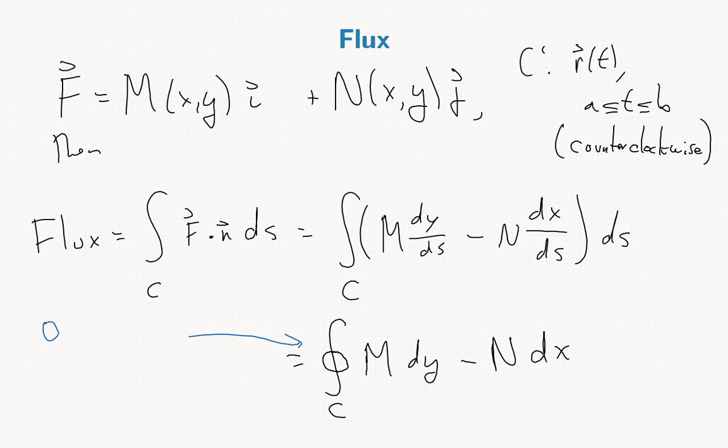This circle is to remind us that C is closed, so it's a loop. And sometimes you will even see an extra decoration to indicate counterclockwise, but that's not as common, though the textbook uses it. So this means the same as the integral without that decoration. It's just a reminder.